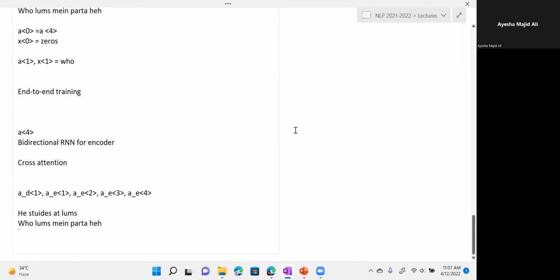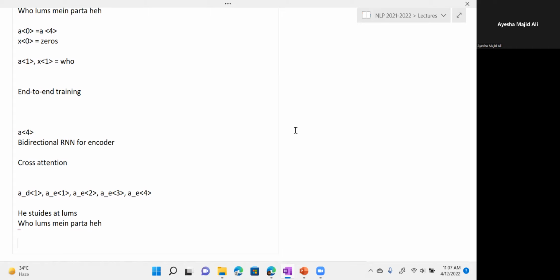So you can even think of this cross attention mechanism as some form of skip connection or residual connection, because a particular output of the decoder is now connecting to a particular output of the encoder.